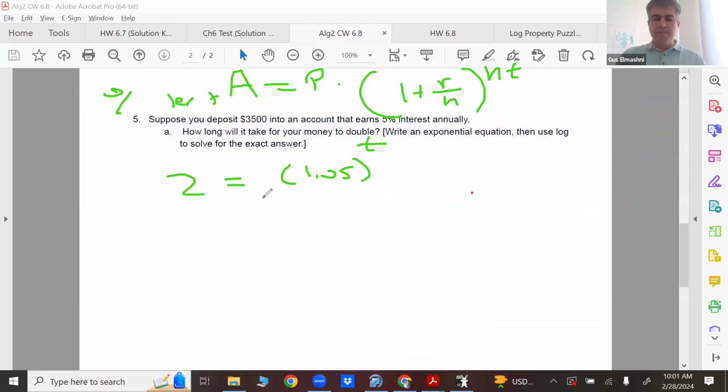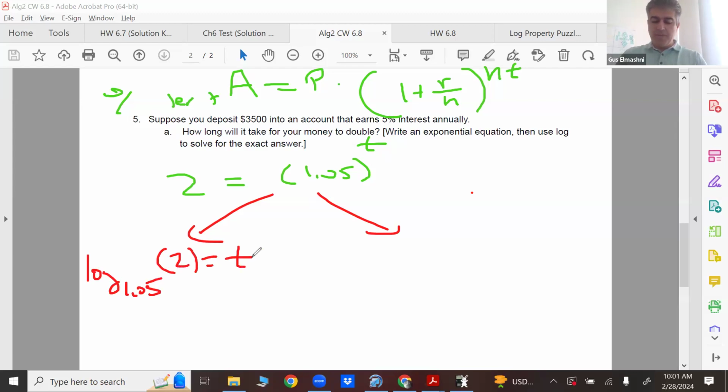So you can do it two ways. You could write it like this, log base 1.05 of 2 equals t. Or you could take the log of both sides.